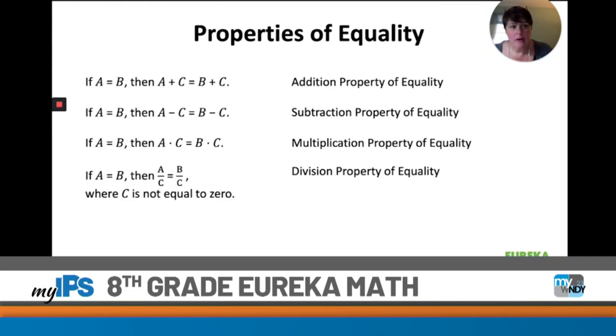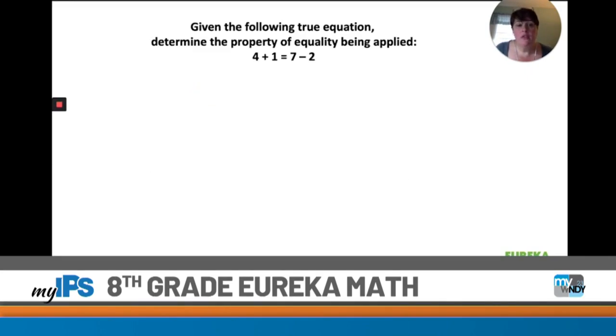All right. I have a game for you to play. Maybe you can do some thinking with these properties of equality. Given the following true equation, determine the property of equality being applied. 4 plus 1 is equal to 7 minus 2. Well, the first thing is I'm telling you this is a true equation. Is it true?